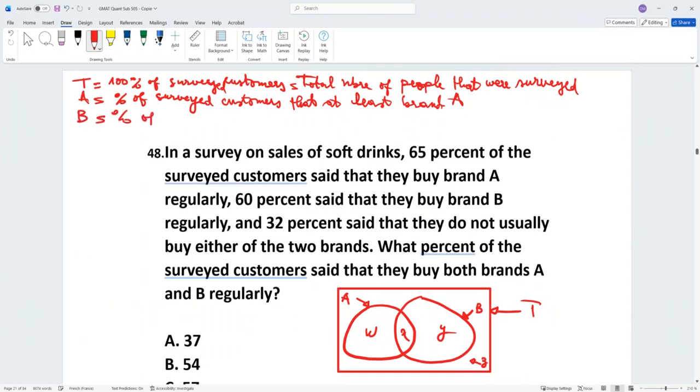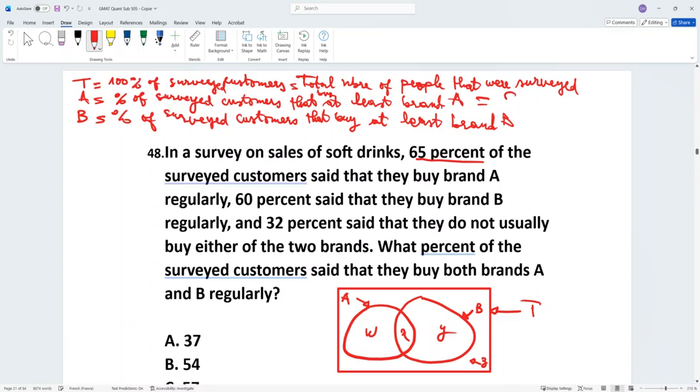And B is equal to the percentage of surveyed customers that buy, so here is buy, right? At least brand B. So A here, in the prompt, it says that 65% of the surveyed customers say that they buy brand A regularly.